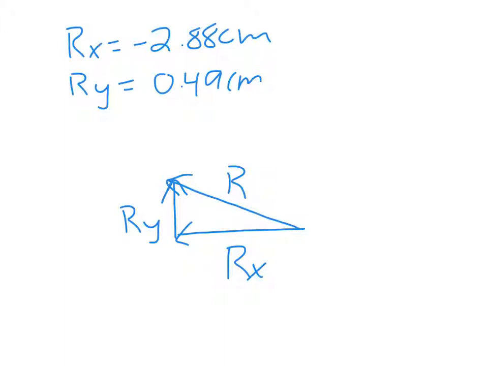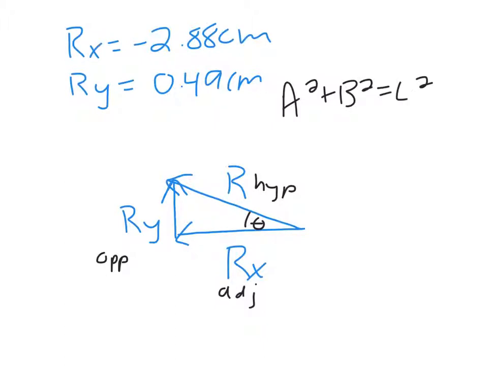If you have the adjacent and the opposite, what we need to find is the angle and the hypotenuse. So the first thing I would do is find the hypotenuse using Pythagorean theorem. A squared plus B squared equals C squared, where A is your opposite, B is your adjacent, C is your hypotenuse.